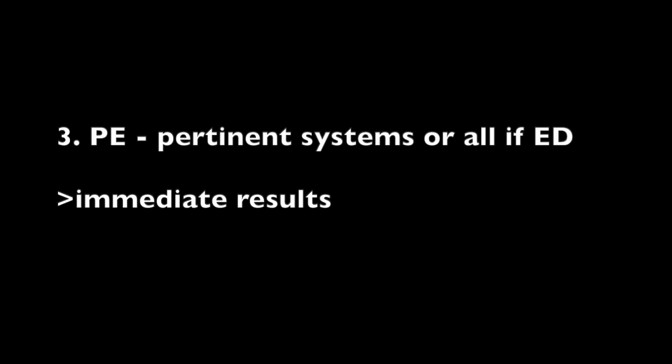Even if the problem that the patient is coming in for has nothing to do with that organ system, those are the times when you would have to select all of them. And the results of the physical exam show up pretty much immediately after you click submit, and it'll show you the results, and you can skim through those very quickly and search for the abnormalities.